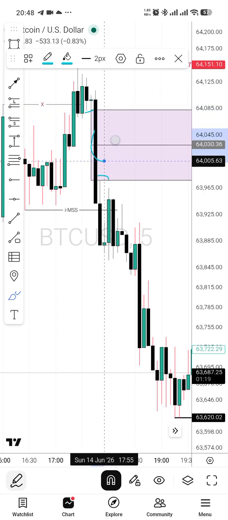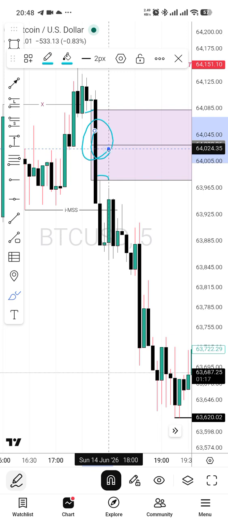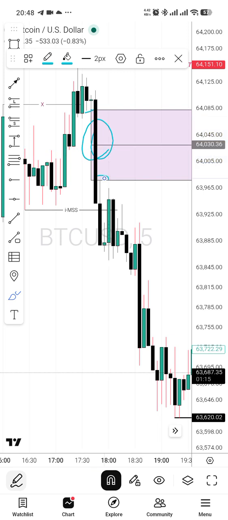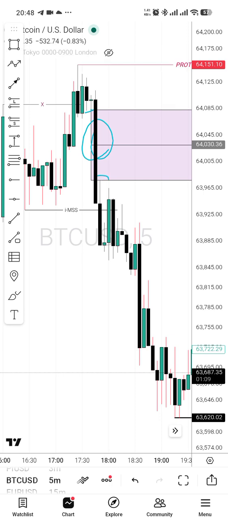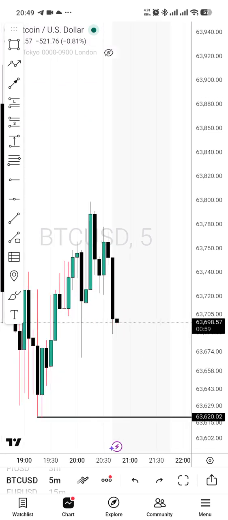The space between this upper wick and this lower wick is called the gap. I want you to take note of that, so that when you are learning how to trade, you understand the concept and how to use them.